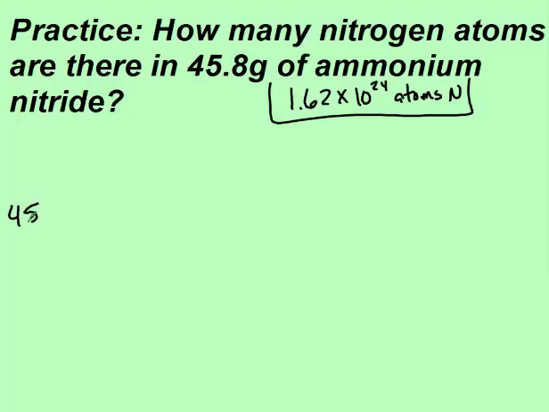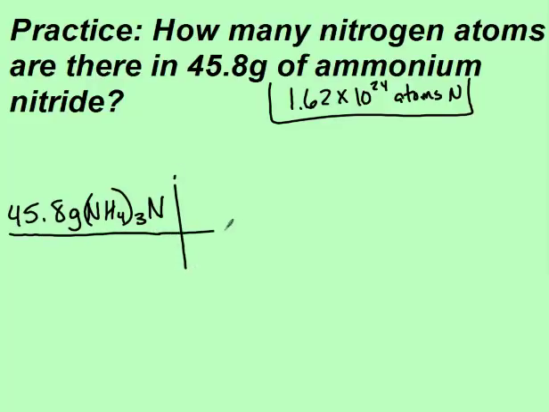So just like the last problem, you should have started with your grams. Ammonium nitride is (NH4)3N. So there is a molar mass of 68.16 for every 1 mole.